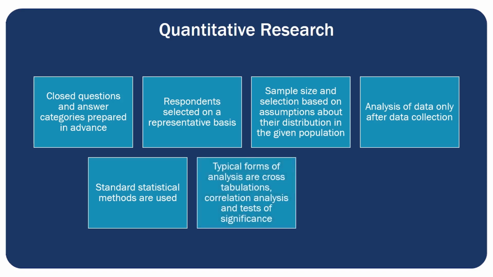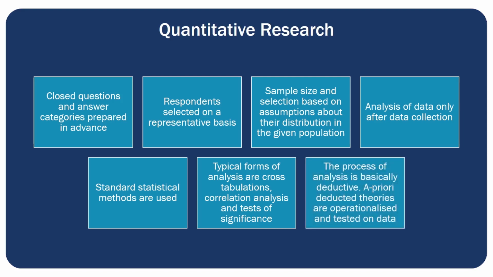Now, if you really look at what kinds of data are generated, how they appear, here we find the forms of analysis are cross tabulations or correlation analysis or tests of significance, or you have other kinds of analysis of variance, etc. Now, the process of analysis, as we saw, is deductive.